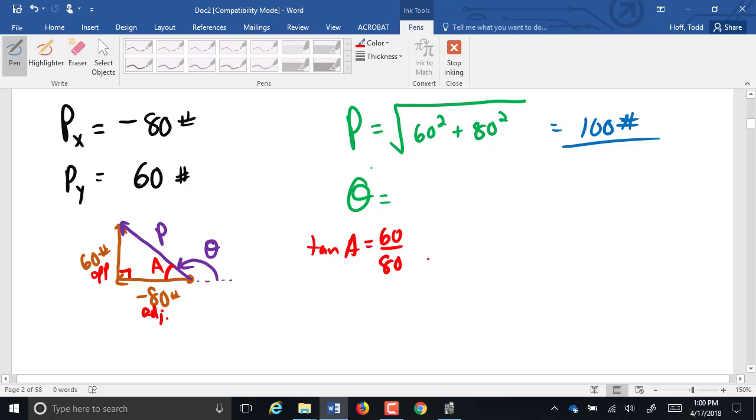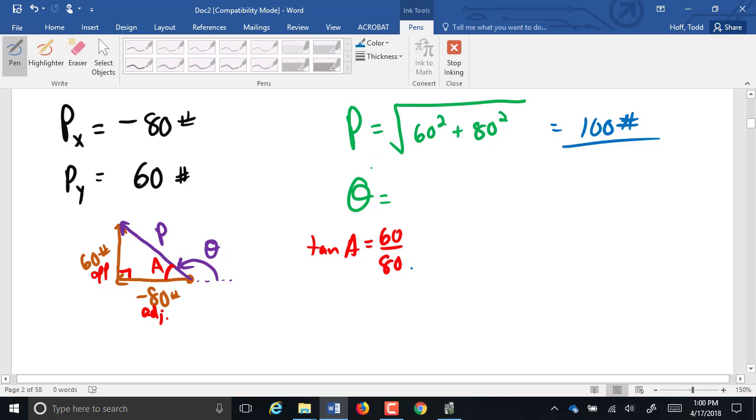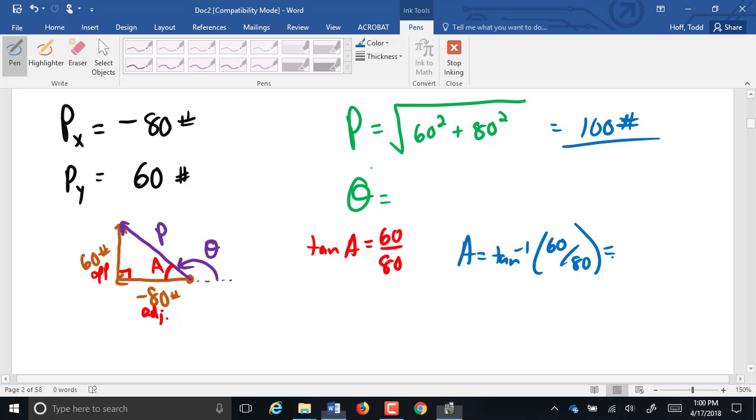I'm using the absolute value, or the magnitude. So A is the inverse tangent of 60 over 80, which is 36.87 degrees. So this angle here is 36.87 degrees.